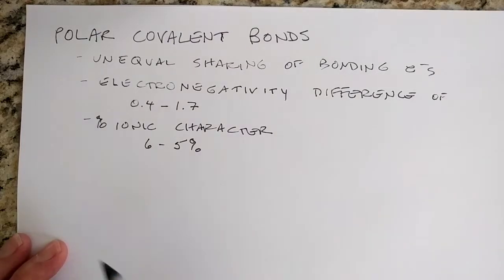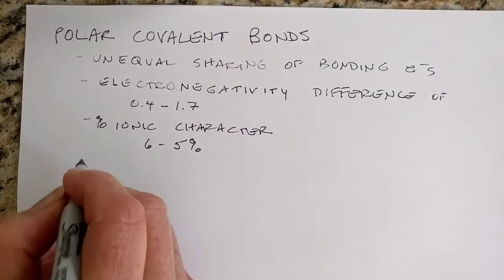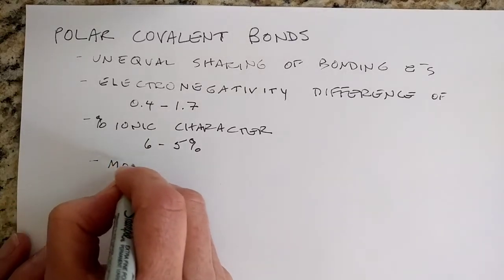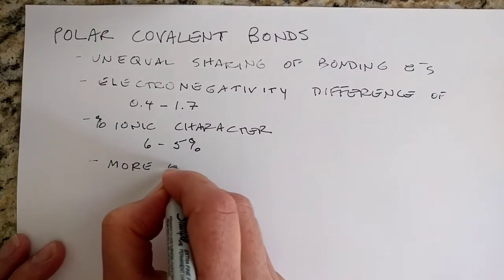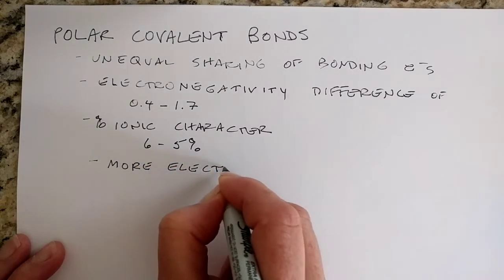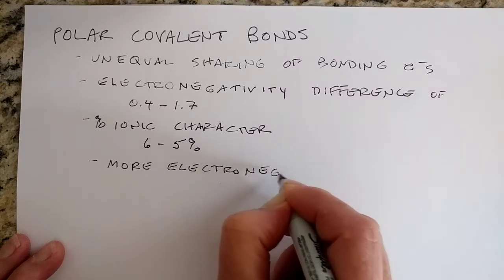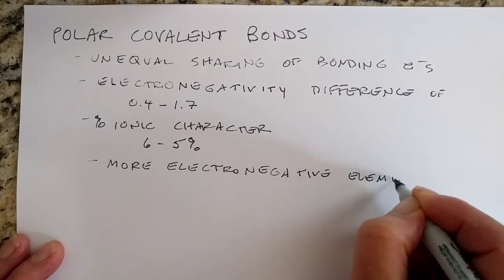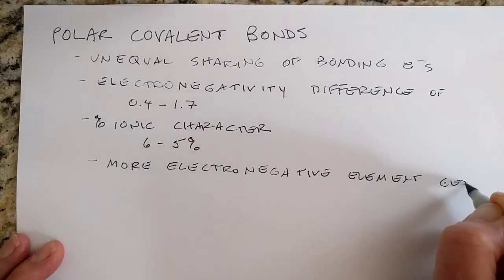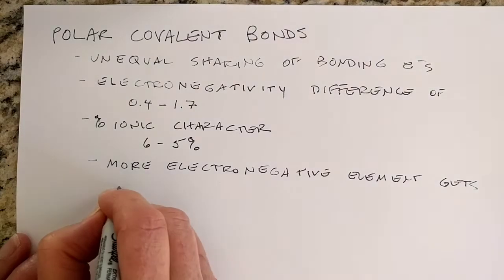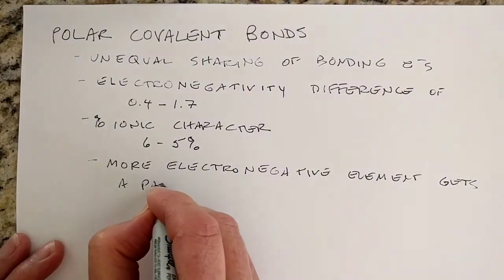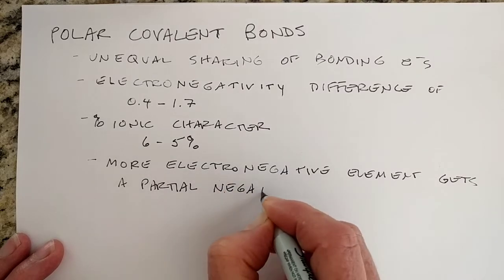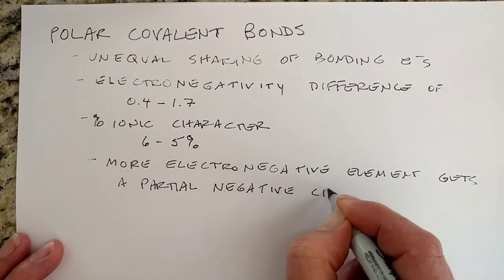All right, now we have a little more to talk about with our polar covalent bonds. The more electronegative element, the one with the higher value, gets a partial negative charge.